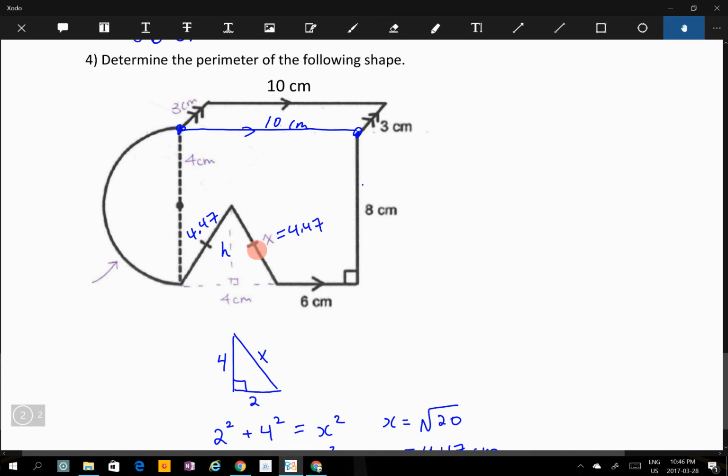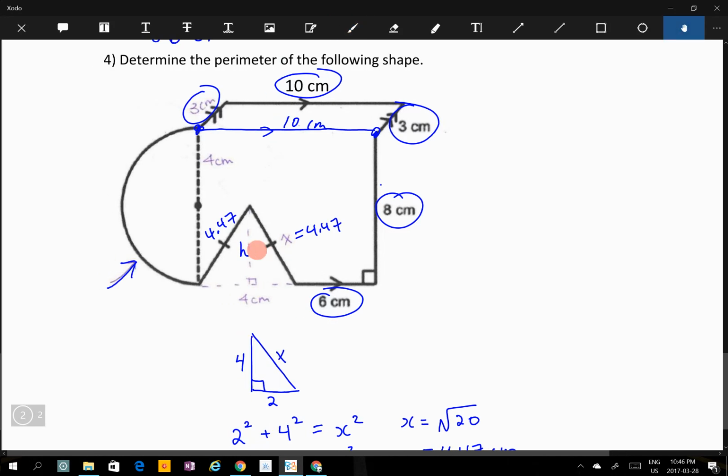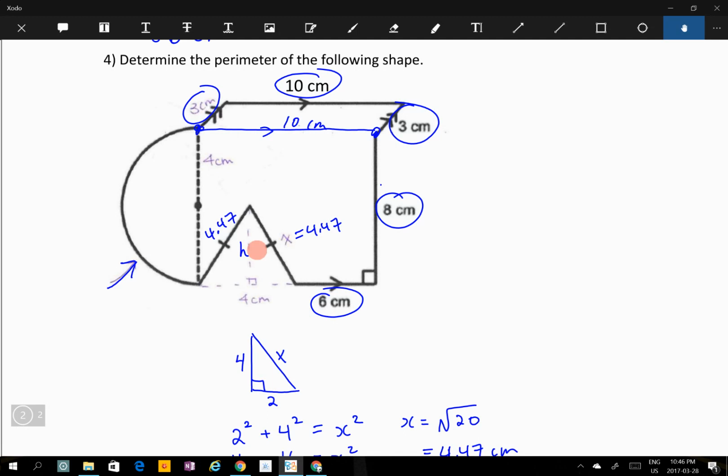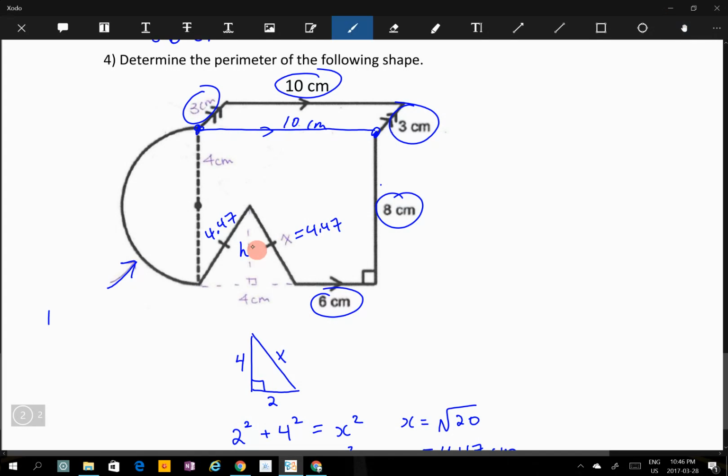I have the 3 centimeters here, I have the 3 over here, the 10 up here, 8 over here, 6 over here. All that's missing is this portion, the half a circle. So you might remember the formula for the circumference of a circle. The circumference of a circle, C, is equal to pi times the diameter.